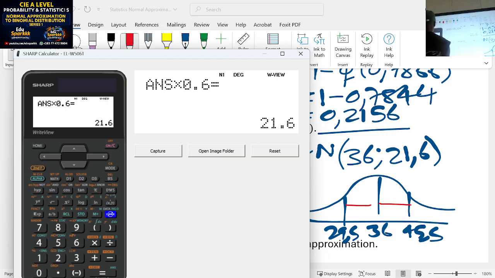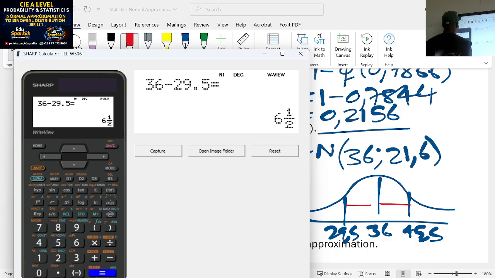I'm going to say 36 minus 29.5, it gives me 6.5. So here is 6.5. Then I try 45.5 minus 36. Does it give us the same? So let's redo this. 45.5 subtract 36 gives us 9.5. So there's no symmetry.